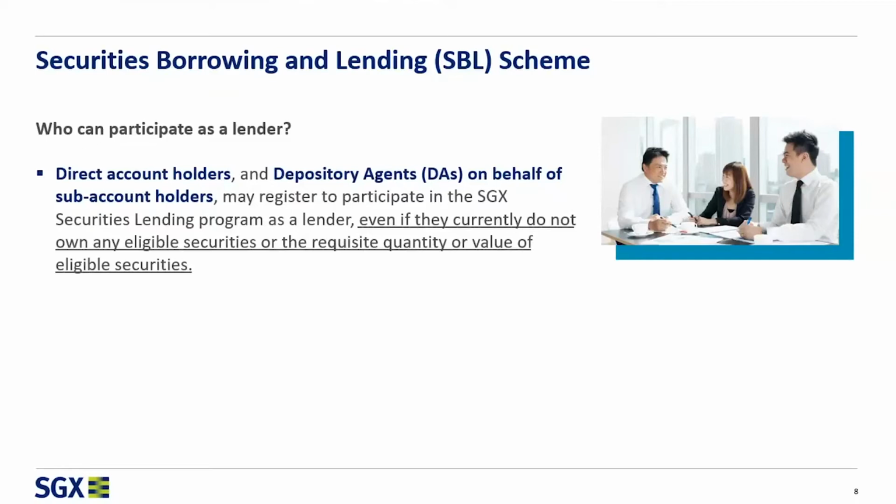Can I still participate? Yes, you can. The other group that can participate as a lender are depository agents on behalf of sub-account holders. So if I have stocks that are pledged with a broker or bank, they are my depository agent. They can help me to participate in this scheme.